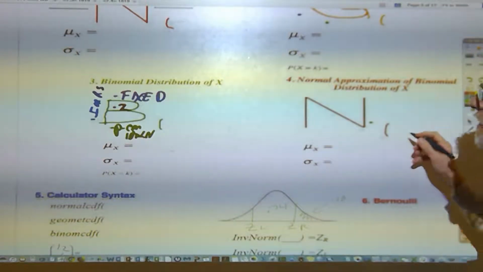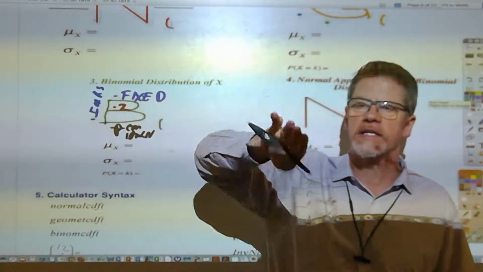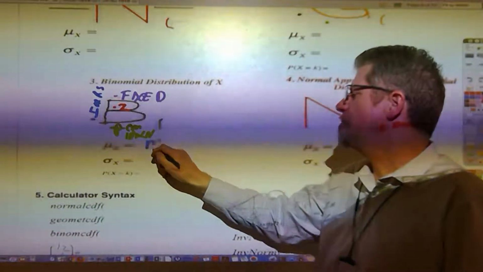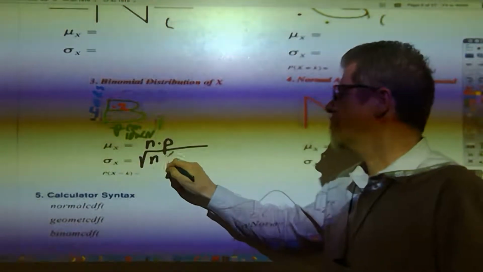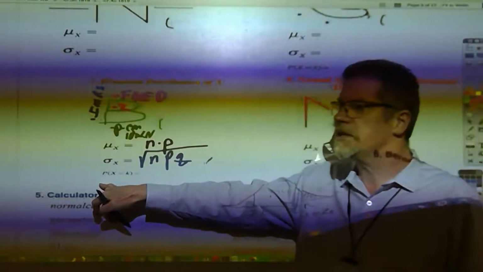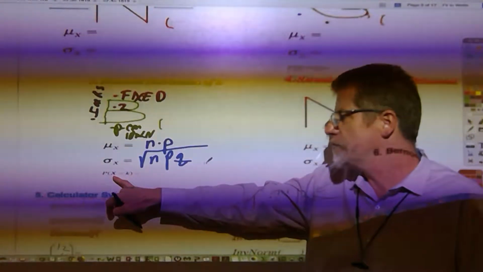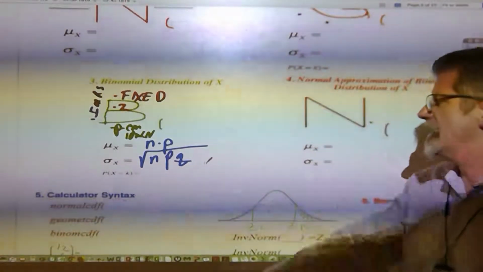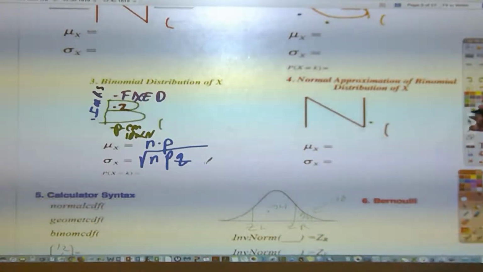You filled in yesterday that the formula for the mean of the binomial distribution, which by the way is a histogram that's going to look like a bell curve, it's going to be the number of people in the sample times the probability of success. You've already written down square root of NPQ. What you have not yet written down is the probability that the total number of people who are voting for Trump is equal to a particular number. So that's what we have to add to our word picture.